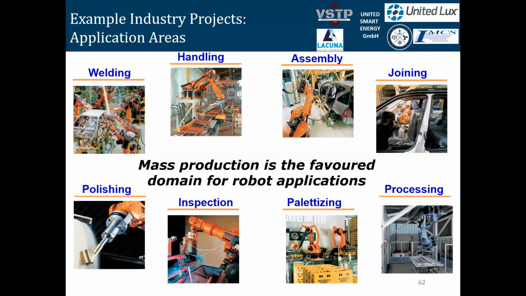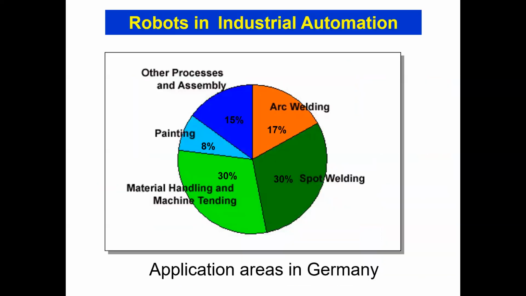So in Germany, it is nearly all arc welding, but there's material handling and machine tending, painting, and then other processes, assembly. This is how robots are used in the electronics area. For example, for mobile phones, this is a big growing area, but not so much in Germany.